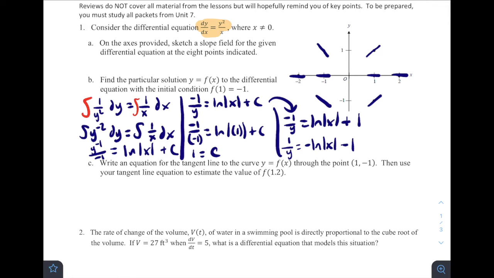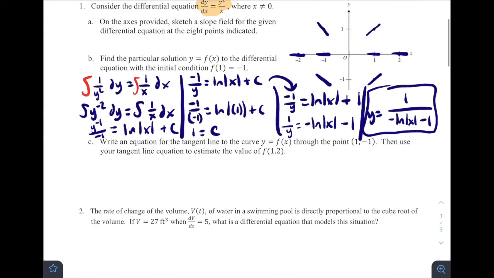And then our last step, to get that y out of the denominator, is to take the reciprocal of both sides. That gives me my final answer, which is y is equal to 1 over the negative natural log of x minus 1. That would be our final answer for the particular solution for this differential equation that goes through 1 comma negative 1. That's going to be it.